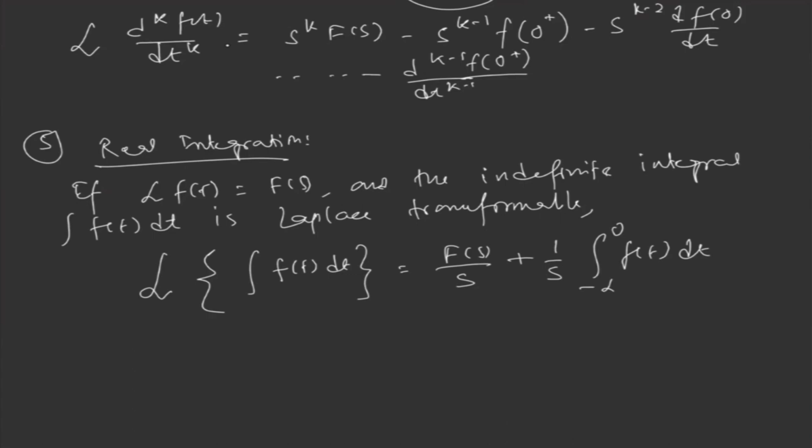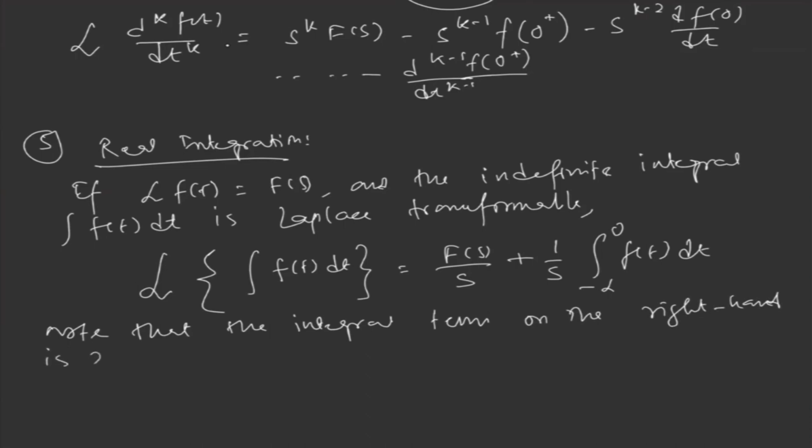But later, since we'll be dealing with positive values of t, we will not consider the initial conditions. Later we'll explain how this comes about. Note that the integral term on the right hand side is 0 if f(t) equals 0 for t less than 0.